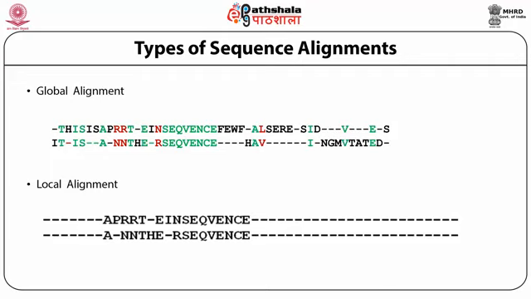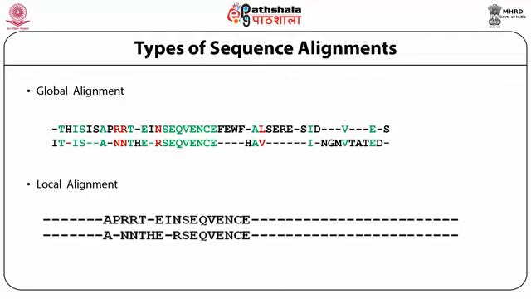That is, aligning short regions within the complete sequence length. These local regions represent sometimes domains, motifs, fingerprints of amino acids in actual protein sequences.